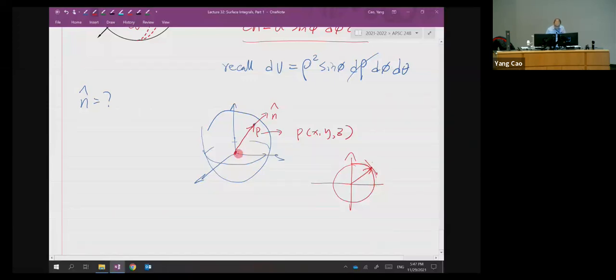So same idea over here. If I create a vector OP, OP will be perpendicular to the spherical surface. OP is obviously equal to x, y, z, and guaranteed to be perpendicular to the spherical surface.